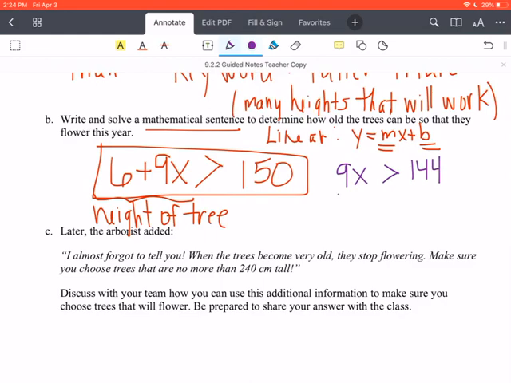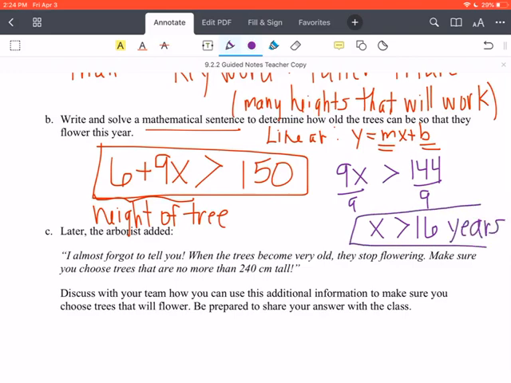And then we're going to go ahead and divide by 9 on each side, and we have x is greater than 16. So what does this mean? It means that the tree must be older than 16 years. It can't be 16 years because most likely that will make it exactly 150 centimeters, but we need it to be beyond. Okay, so that is the age of the tree.